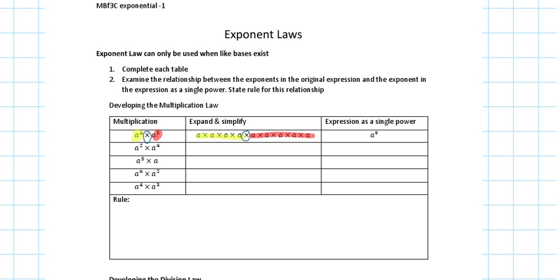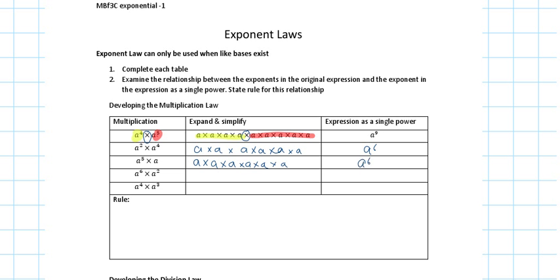So let's look at the second one. I have a times a, and then times a times a times a times a. So how many a's do I have multiplied together? 6. So that's a to the power of 6. How about a to the power of 5 times a? It will be 6 too, because I have a times a times a times a times a, and then multiplied by another a, so that's a to the power of 6.